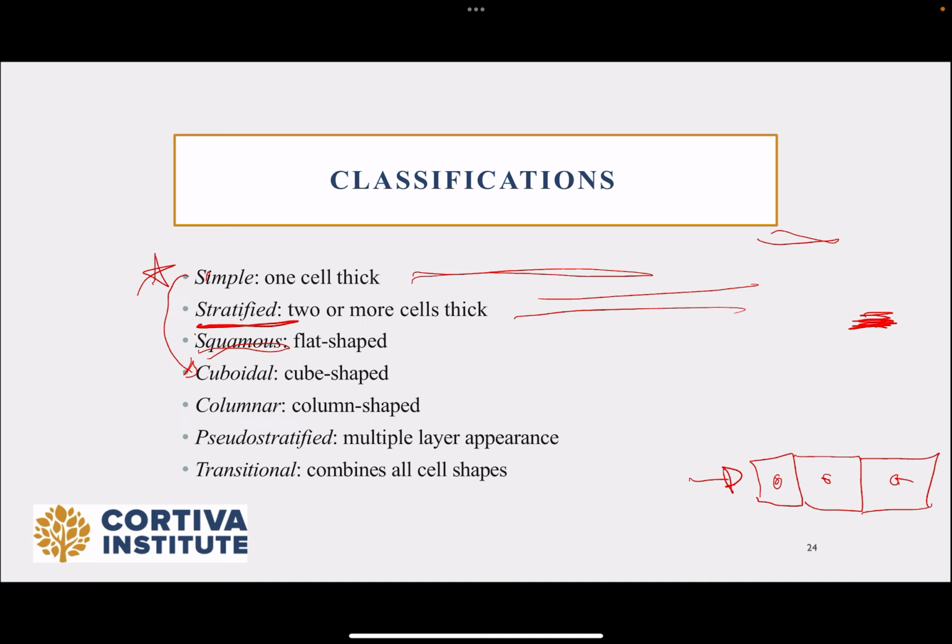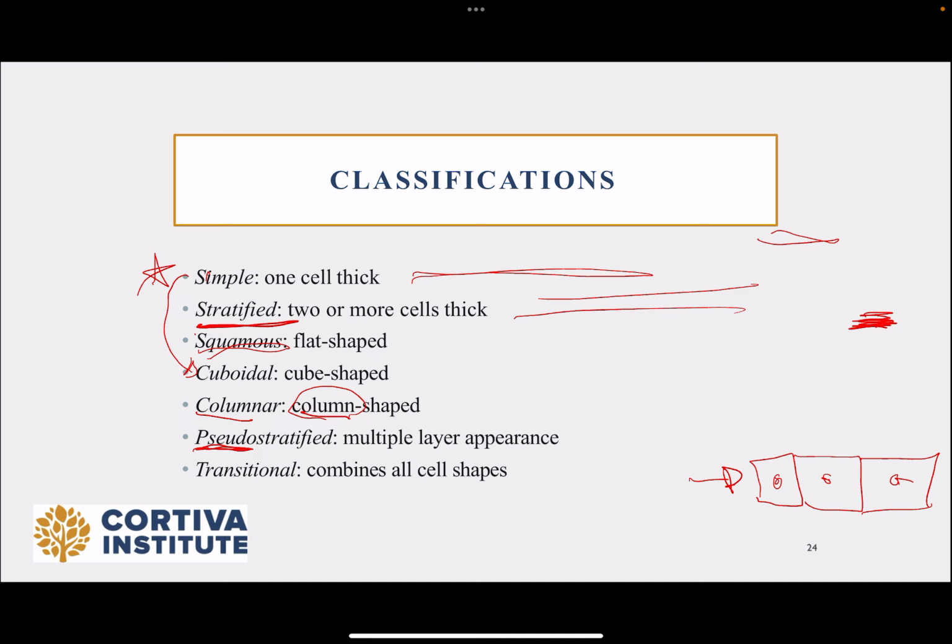Columnar, column-shaped, right? So we have columnar, column-shaped. Pseudostratified, kind of it gaslights us, guys. What do I mean by this is going to gaslight us? Pseudo, I want you guys to put it in my head and in your head, right? That pseudo is going to mean fake. So it's fake stratified.